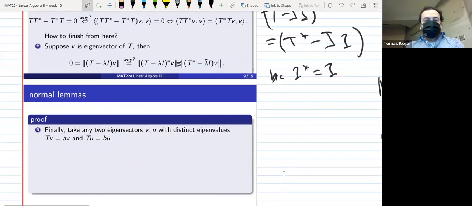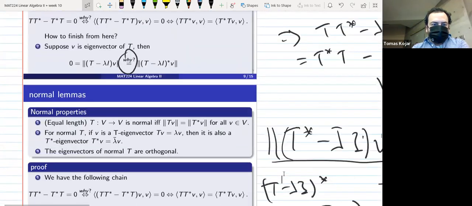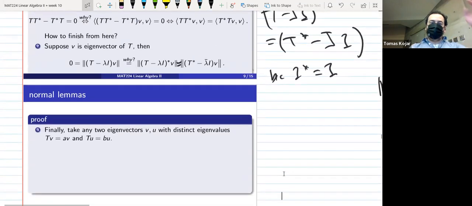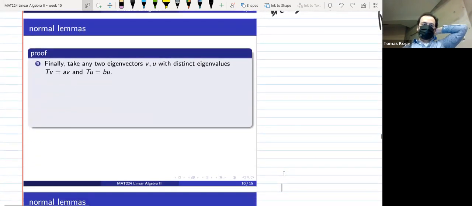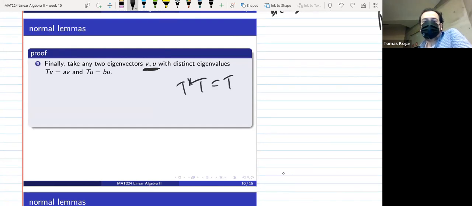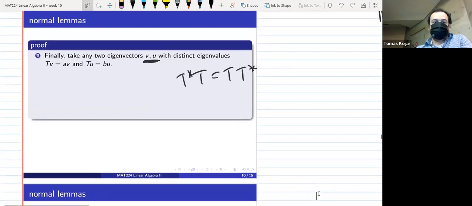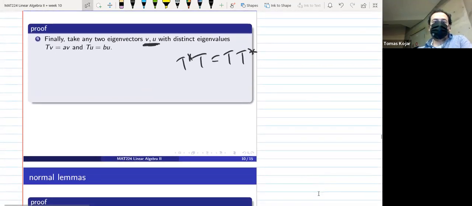All right. And what else do we prove? Oh, we have to prove that they're orthogonal, which is nice. You get linear independence for free. So take two vectors of T. Remember, T is normal, right? So T star T is T T star. And we're going to prove that u and v are orthogonal.